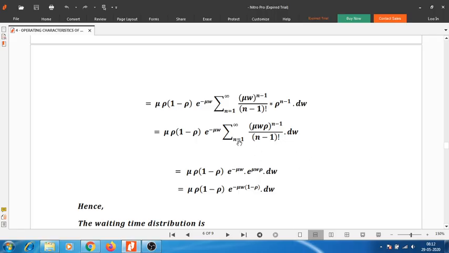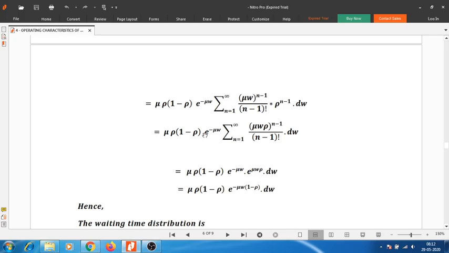Right. For different values, it can be expanded as e power x. So instead of x, what is the term here? Instead of x, which term is existing? That is nothing but mu into w into rho only.